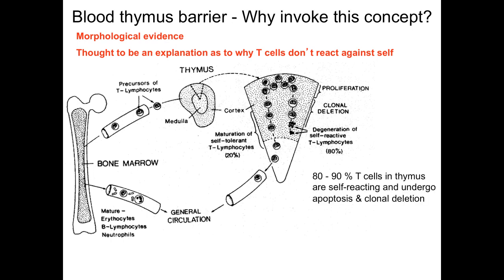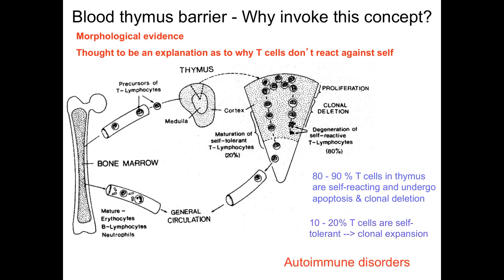80 to 90% of the T cells in the thymus are undergoing apoptosis or clonal deletion, because 80 to 90% of the T cells in the thymus would be self-reacting T cells. Only 10 to 20% of the T cells that develop in the thymus would be self-tolerant, and it's the self-tolerant T cells that undergo clonal expansion and become functional T cells that enter the general circulation as either surveillance T cells or to take up residence in other thymic dependent areas in the body.